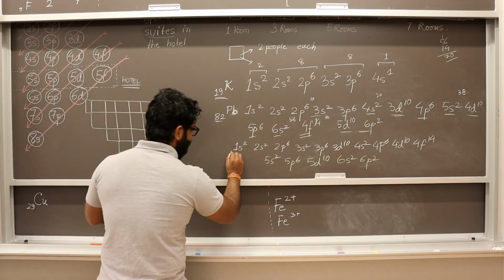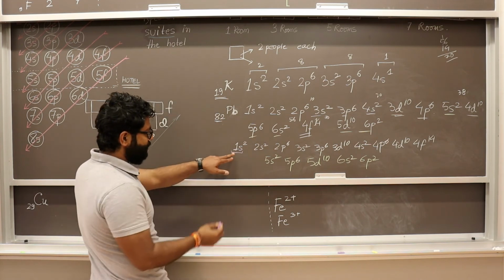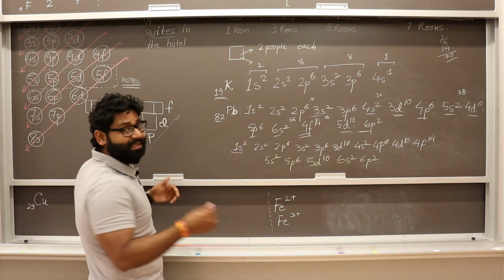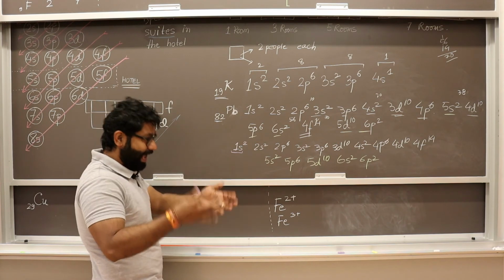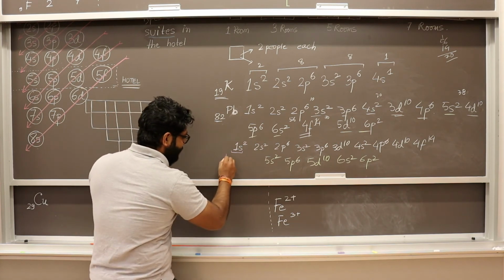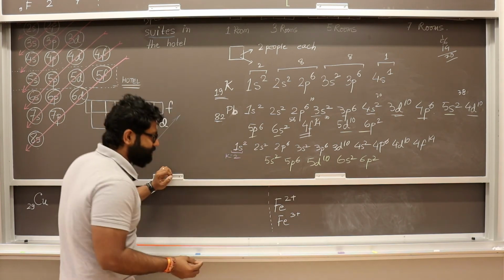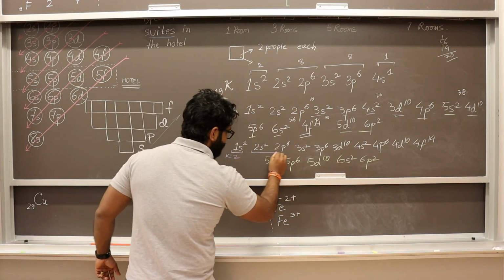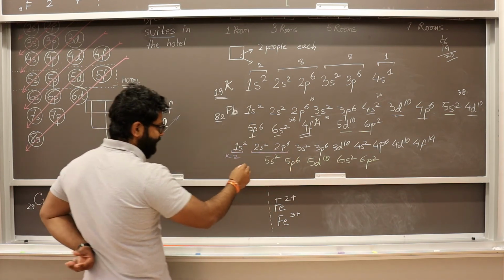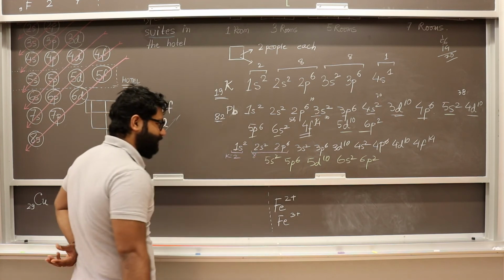Okay, now let's convert this into the orbit configuration. In here we know that this is the K shell, because shell number 1 is basically K, n equal to 1. So K gets 2 electrons. This is the L shell, L gets 8 electrons.